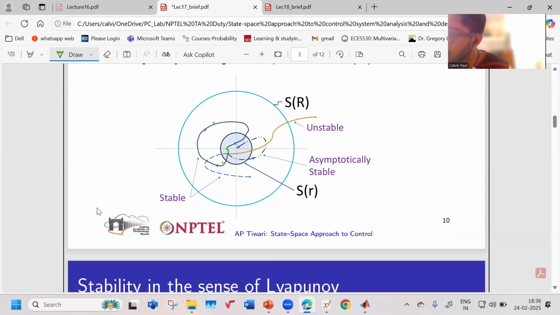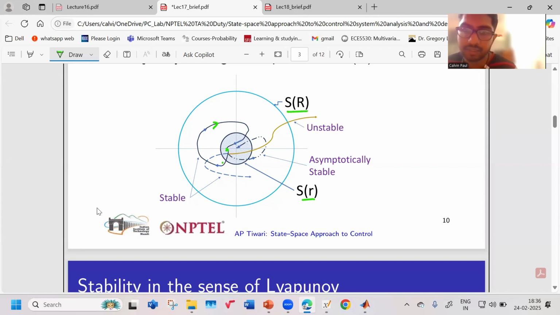This is one case. It starts from here, goes out and comes back here. The trajectory of the system, that is, how the system is moving, started from an initial condition within the ball S of small r, but it remains within the capital S of R. Then we say that the system is stable.